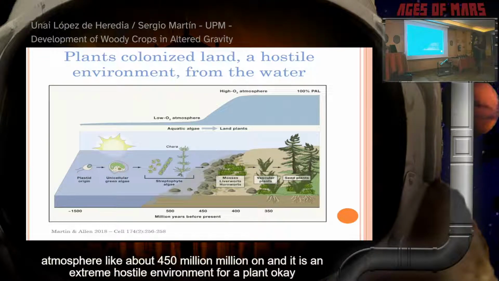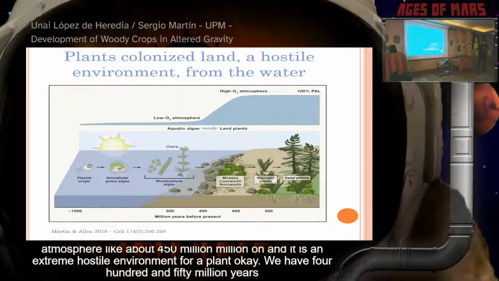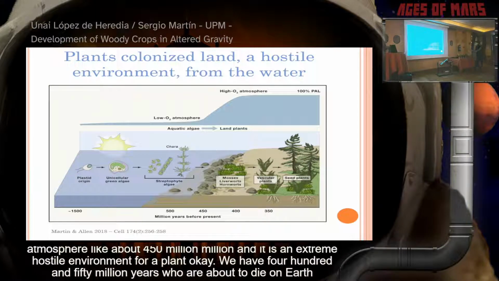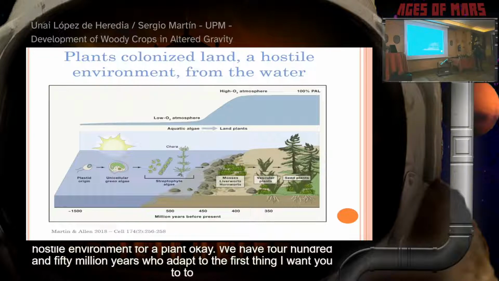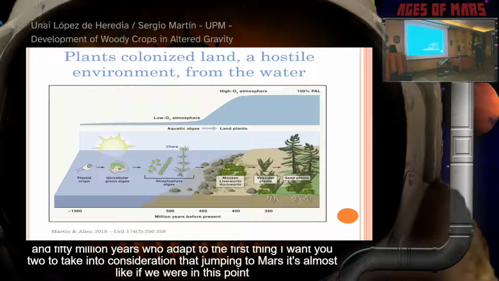Okay? After that, we have 450 million years. The plants evolved to adapt to multiple conditions they can find on Earth. So this is the first thing I want you to take into consideration, that jumping to Mars is almost like being at this point where plants went from the water to the Earth.